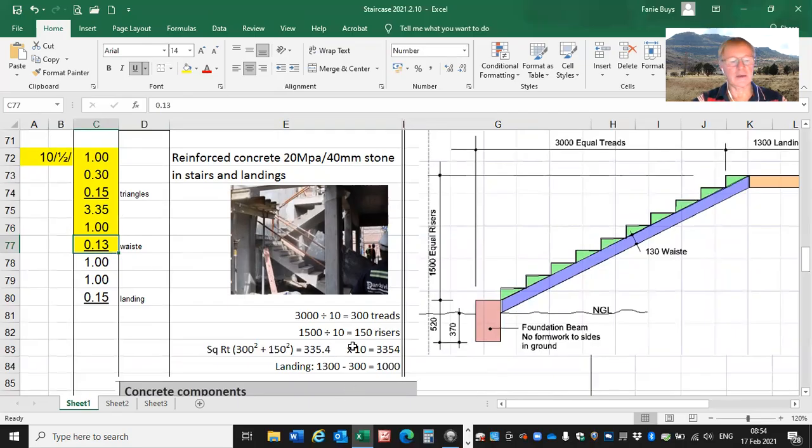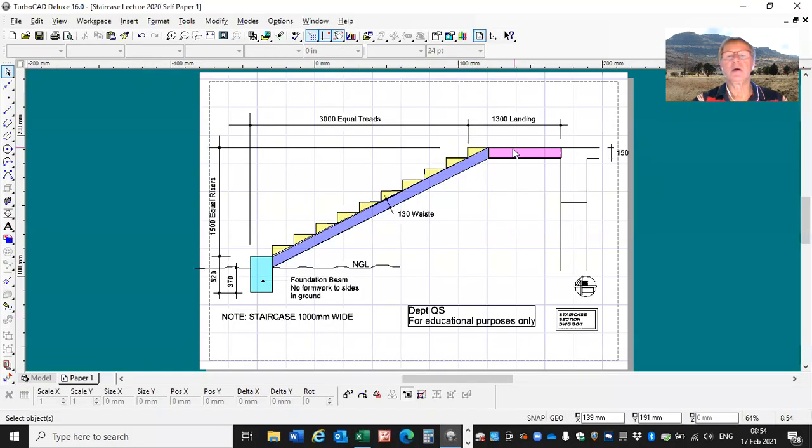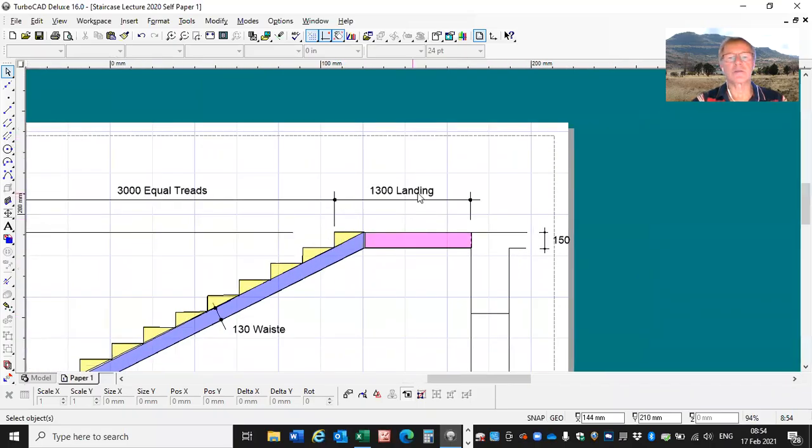And then the last part is the landing part. If we look at the landing, the total length of the landing is 1,300, but that part of the landing has already been taken into account. So we need to deduct the 300 millimeter, the width of a tread. So the remaining part there is 1 meter.